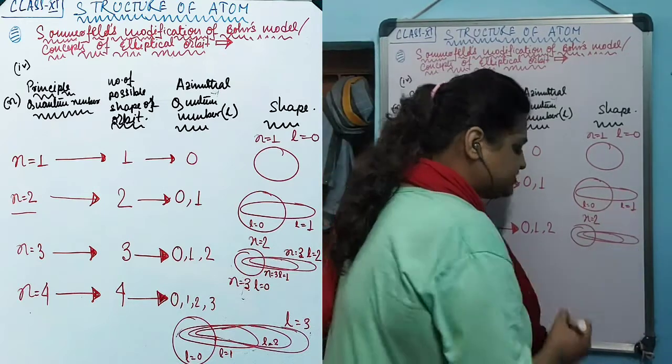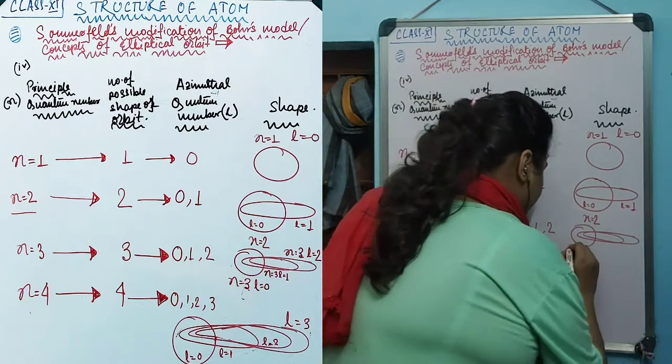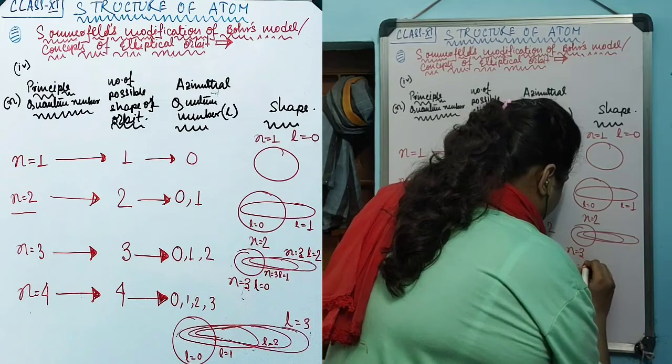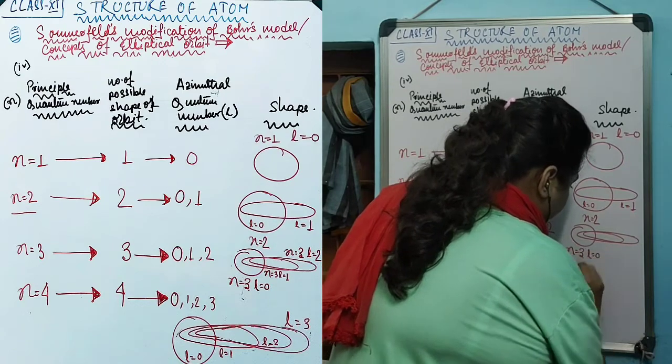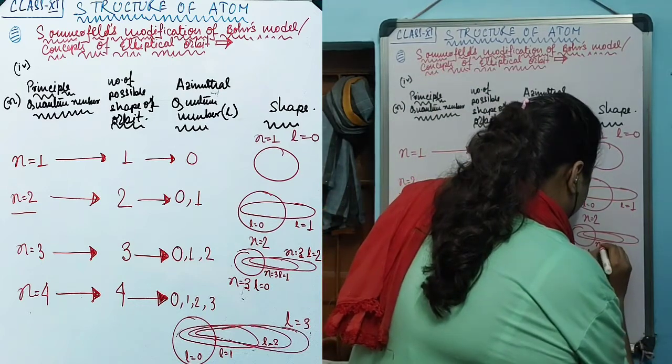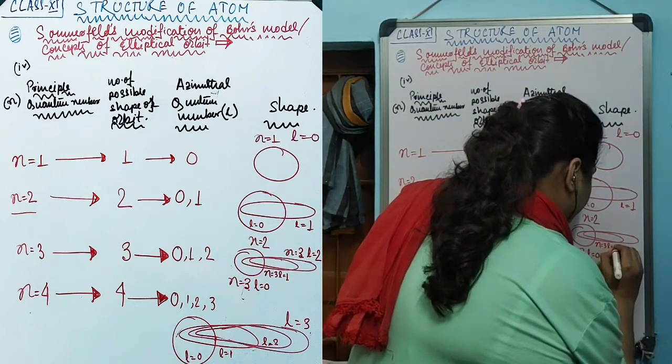The first one is a circular one. The n for it is 3, but l is 0. And the second one is an elliptical path. n for this one is 3, l is 1.